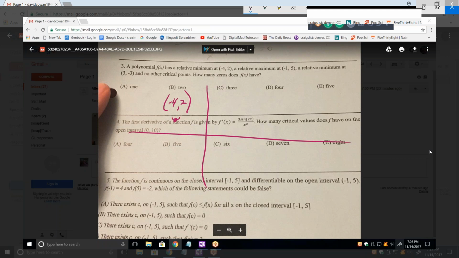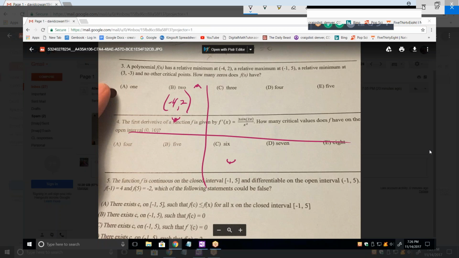At a minimum, I got to have a point to the left and the right that is greater than my minimum. I have a relative maximum at -1, 5. And I have a relative minimum at 3, -3. And no other critical points.